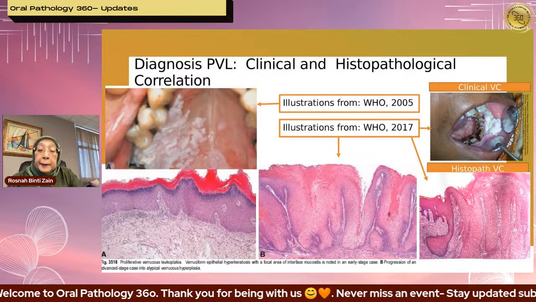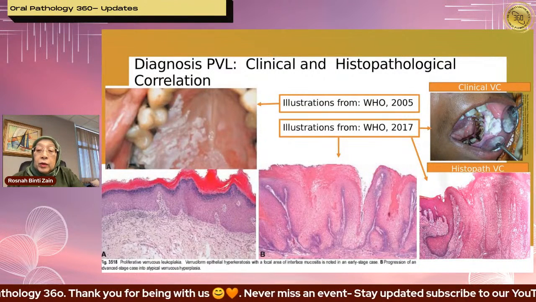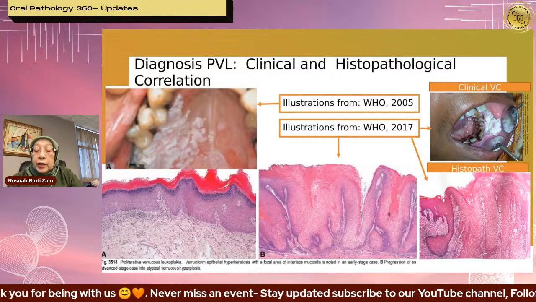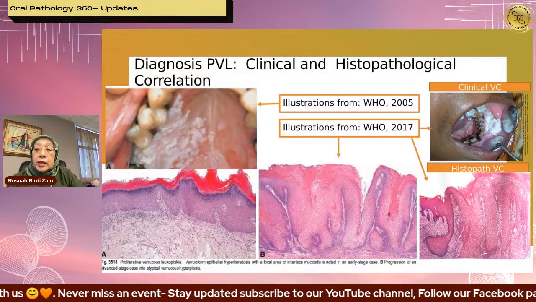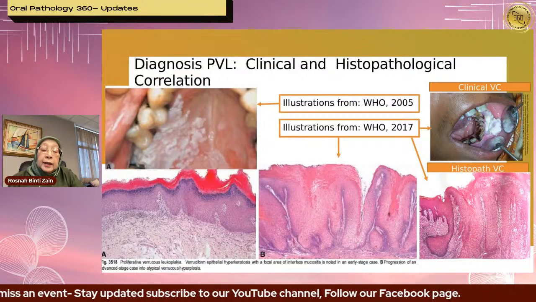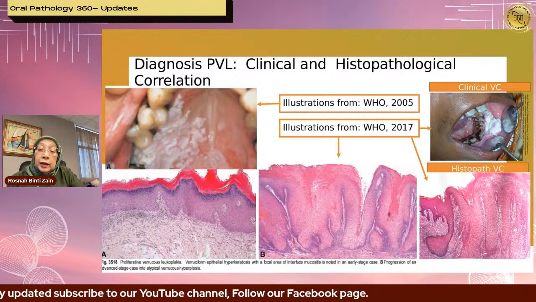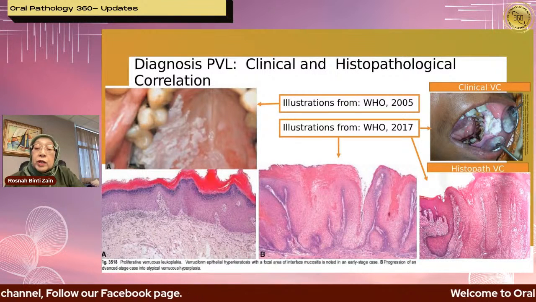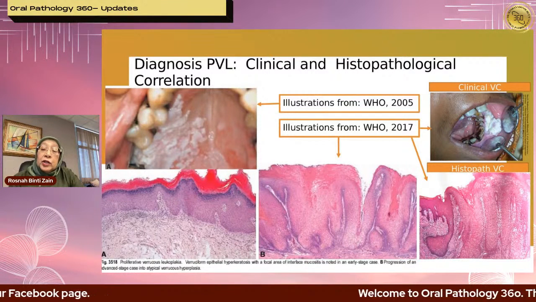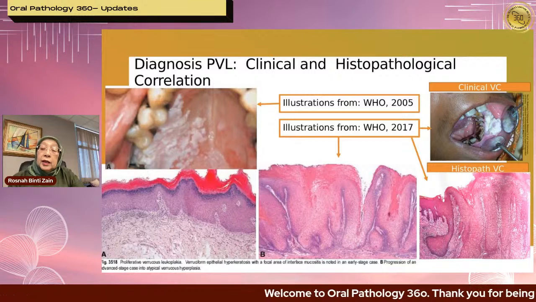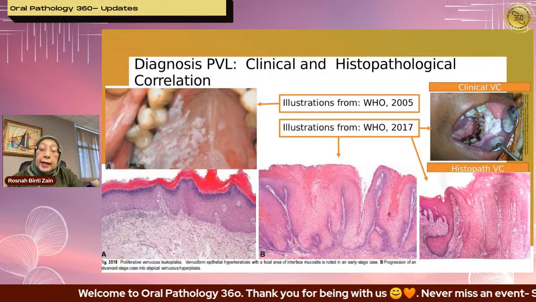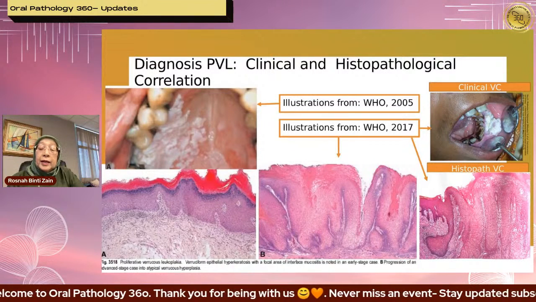And then in the next clinical picture, it's supposed to be a verrucous carcinoma, and at the clinical stage, if it is this wide, you would probably say, yes, definitely this is verrucous carcinoma. But sometimes it just appears verrucous clinically, and yet it is not as wide an area.